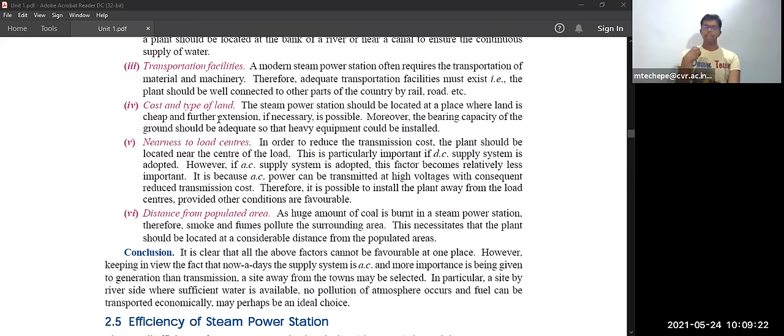Tariff, what we are paying is some 5 rupees, in future it might be 10 rupees or 20 rupees. 20 rupees means 4 times, 5 times, so we are paying 5 times more. So if the cost of the land and the cost of the construction of the plant is more, that is very important.